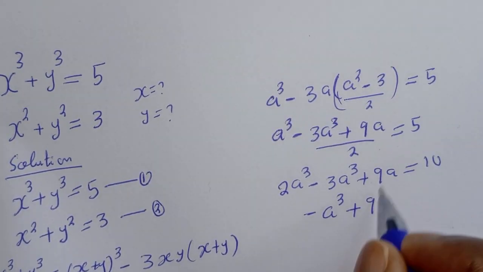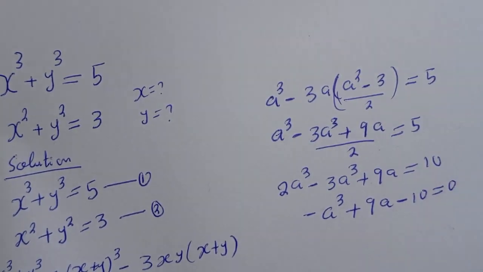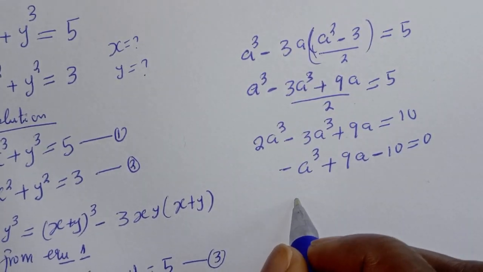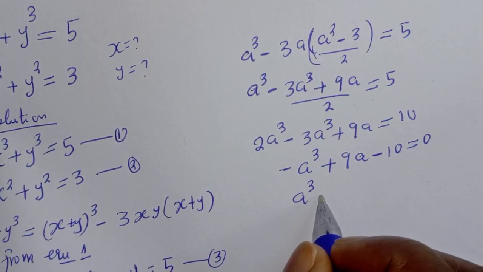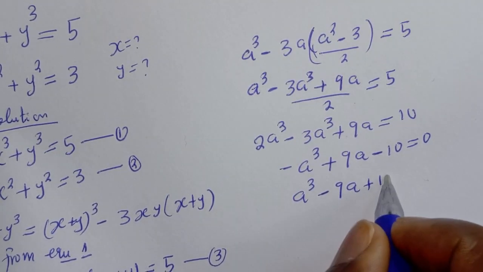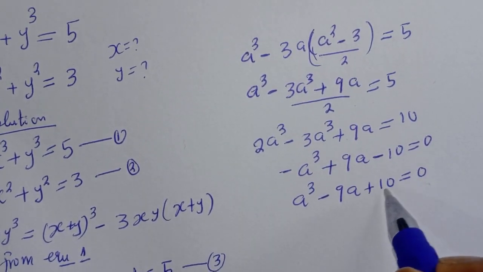Then if you bring this 10 to this side, it becomes minus 10 is equal to 0. Then let's rearrange. We have A raised to power 3 minus 9A plus 10 is equal to 0. This is a cubic equation.